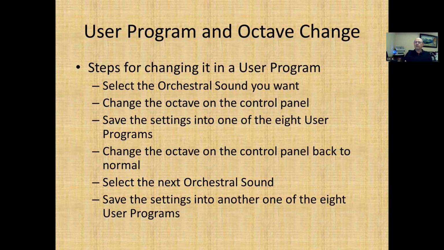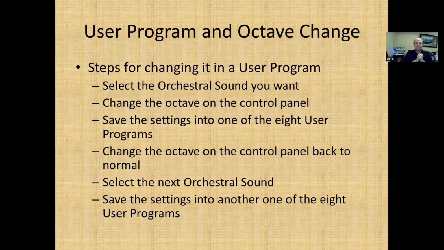Then you get out of user programs. Now you have to change the octave back. If you don't change it back, you go to hit your tenor sax, it's not going to sound like a tenor sax anymore. So you have to change the octave back to the 3 dots, 3 lines on your screen.